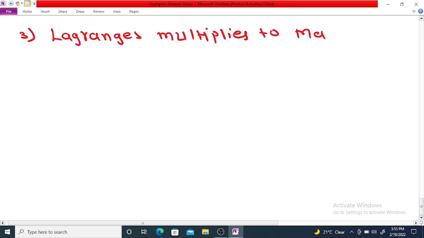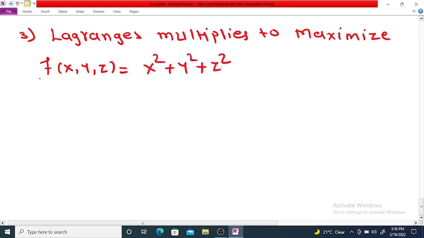Use the method of Lagrange's multiplier to maximize the function f of xyz is equal to x square plus y square plus z square, subject to the constraint x plus y plus z equal to 1.